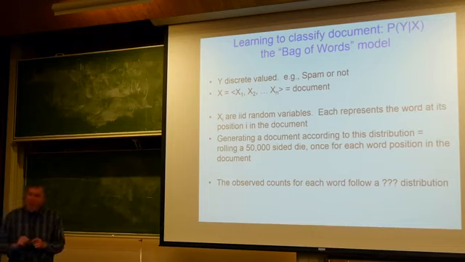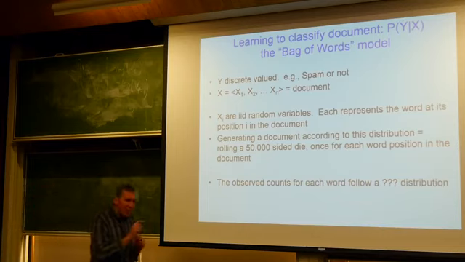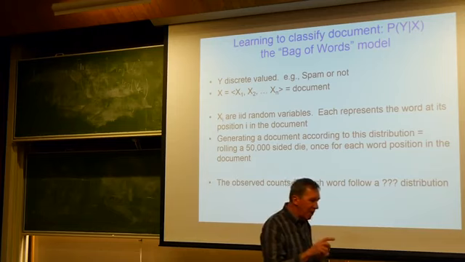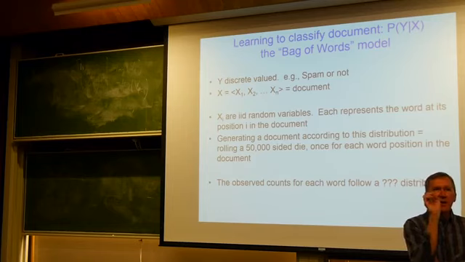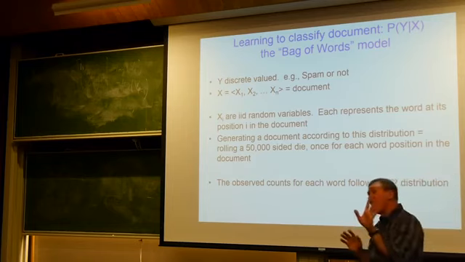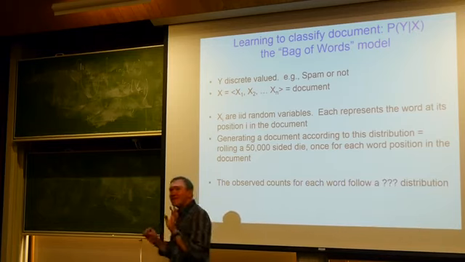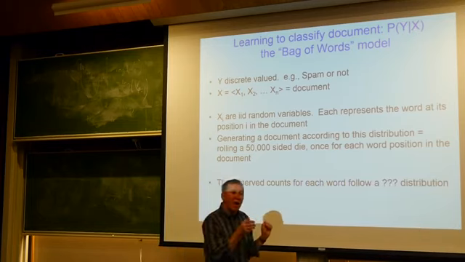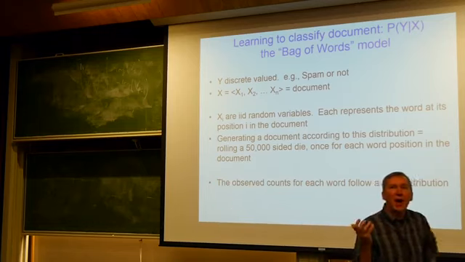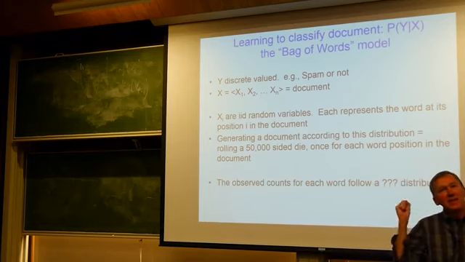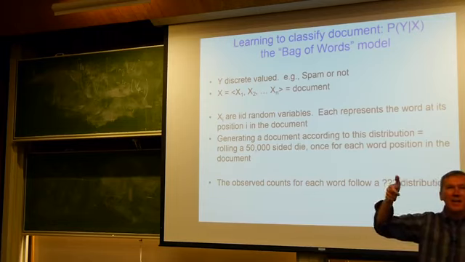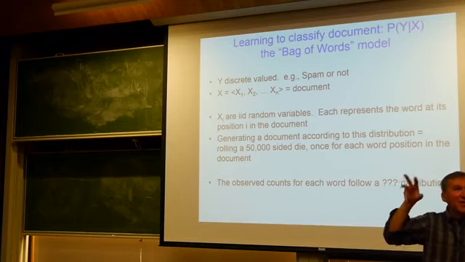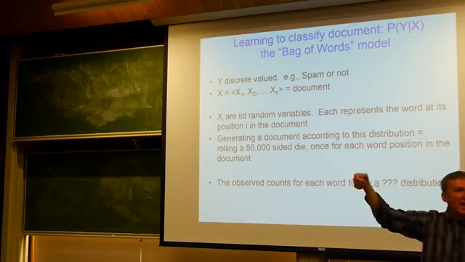Okay, so let's go with this idea, the framing number 2, where each random variable corresponds to what word appears in the ith position in the document. And if we make that IID assumption, then it's actually isomorphic to the problem of, we could say that these documents are generated by rolling a die that has not 6 sides, but 50,000 sides, a different word printed on each side of the die.